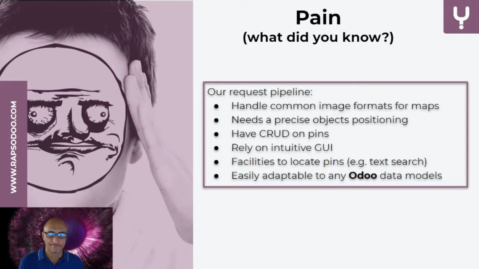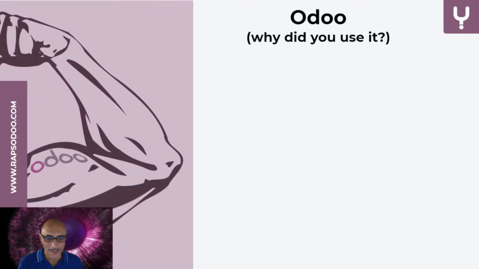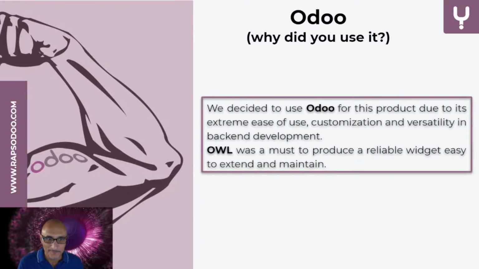Why Odoo? Easy question. First of all, because we are Odoo, of course, and we have powerful knowledge in deploying Odoo solutions, and we all know the flexibility and versatility using Odoo framework for this kind of projects.